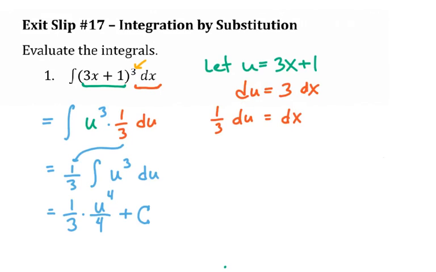And although we feel rather accomplished at this point, we've done some integration, we need to end by back substituting in for u. So to wrap up this first problem, let's pull out the fractions as a 1/12. And then in place of u, I'm going to substitute in 3x plus 1. That term was being raised to the power of 4, and then we'll say plus that constant of integration.